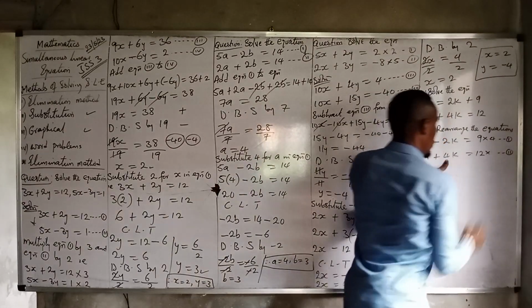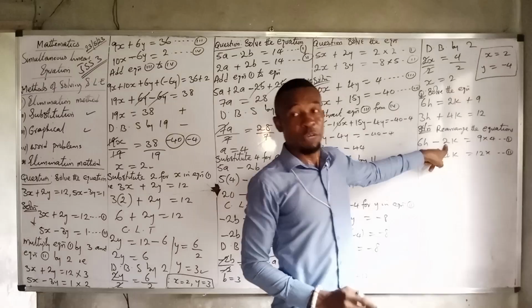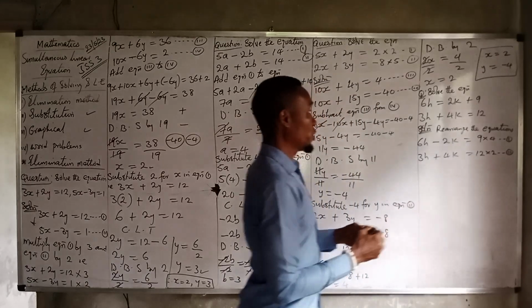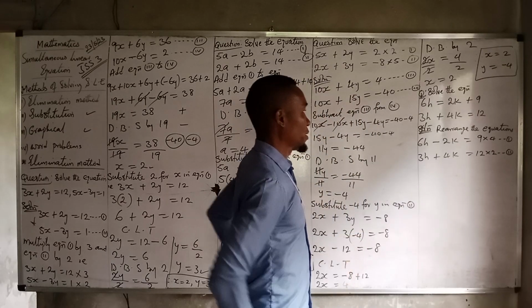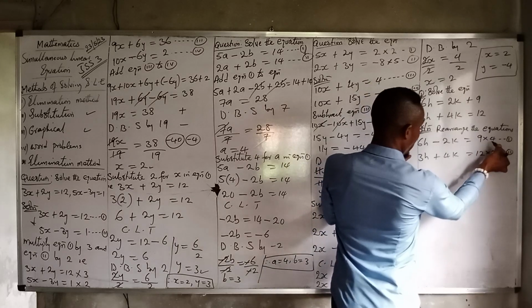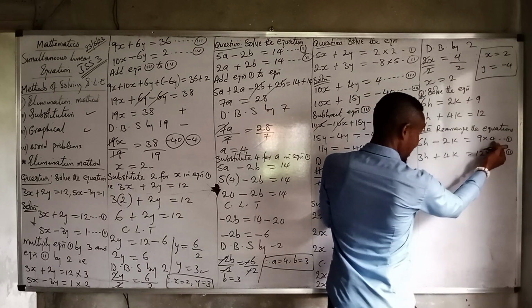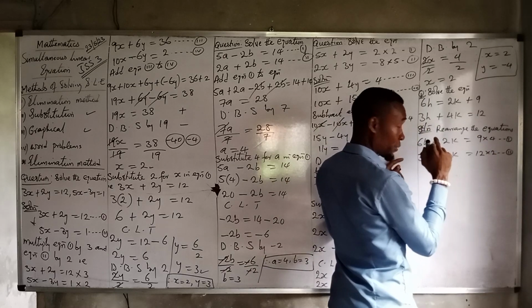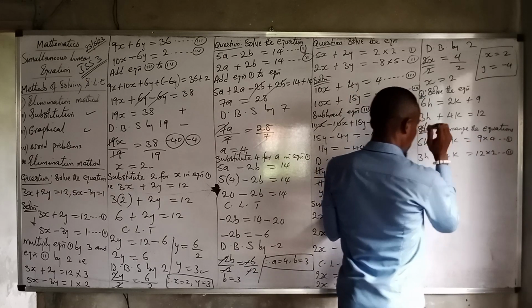I will multiply equation 2 by the coefficient of K in equation 1, which is minus 2, but use 2. Remember, 4 times 6 will give me what?